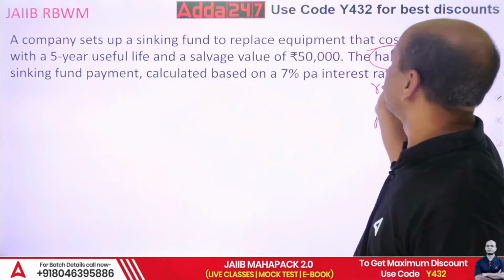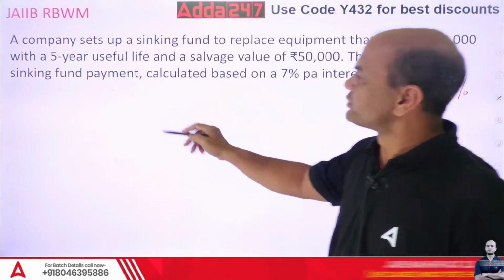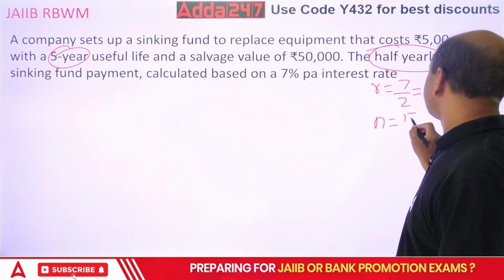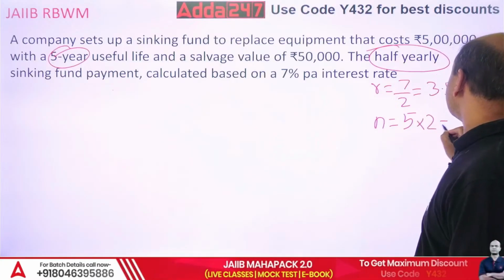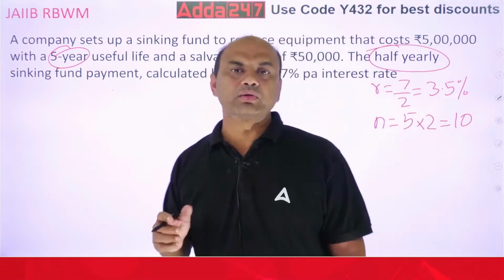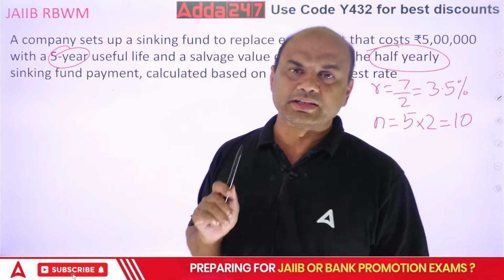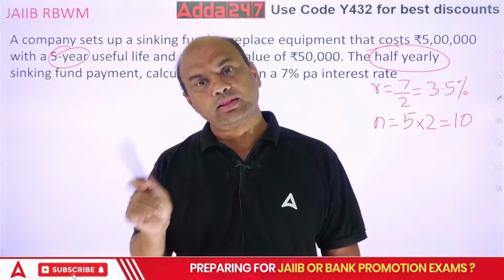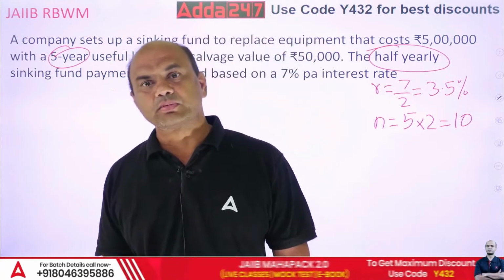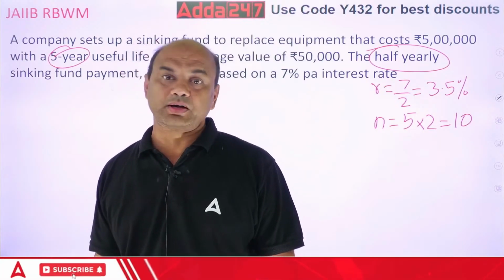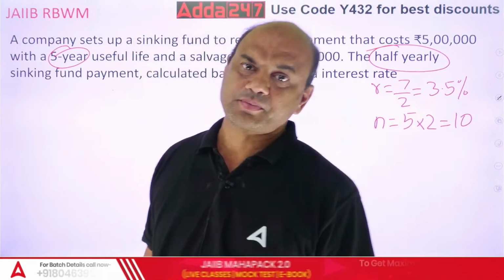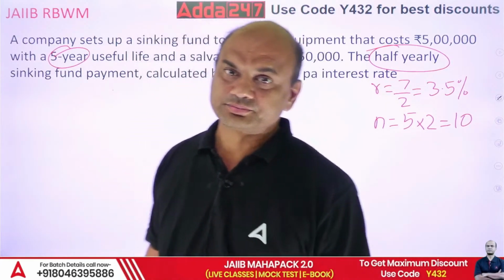So what is the N given? 5 years useful life, 5. So N equals 5 into 2, that is equal to 10. Never forget this basic. Clear, everyone? Got the concept clear?